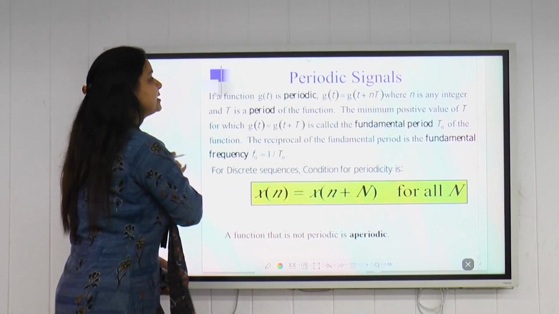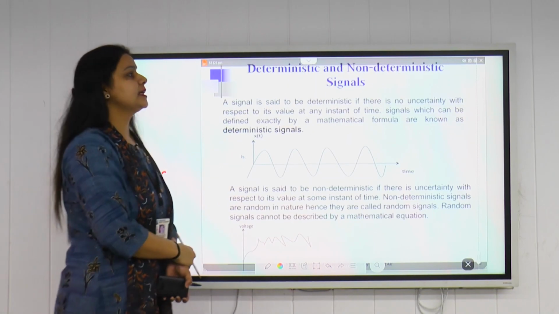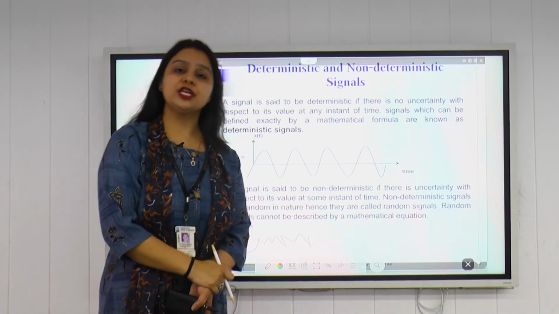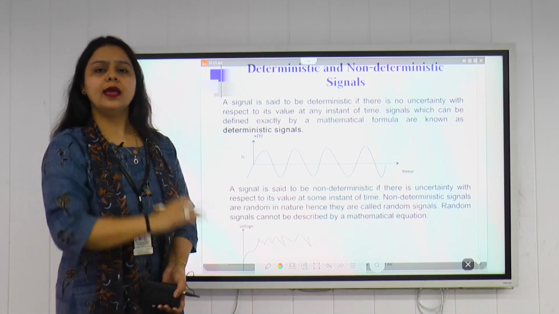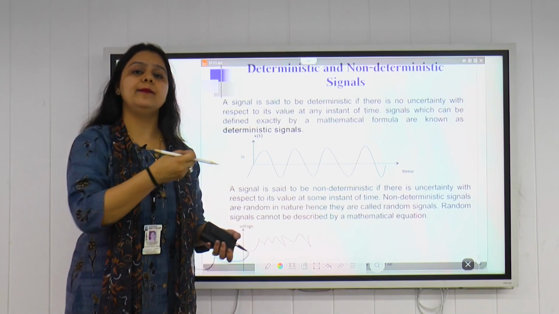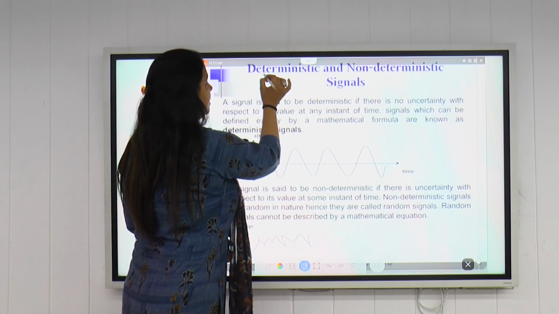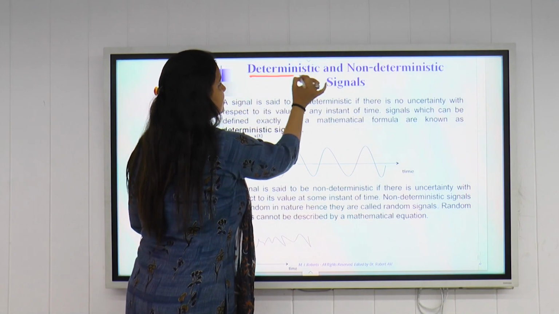So after periodic and non-periodic signals, we have deterministic and non-deterministic signals. If I ask about the dictionary meaning of the deterministic signal, any signals whose value can be calculated are termed as deterministic signals.